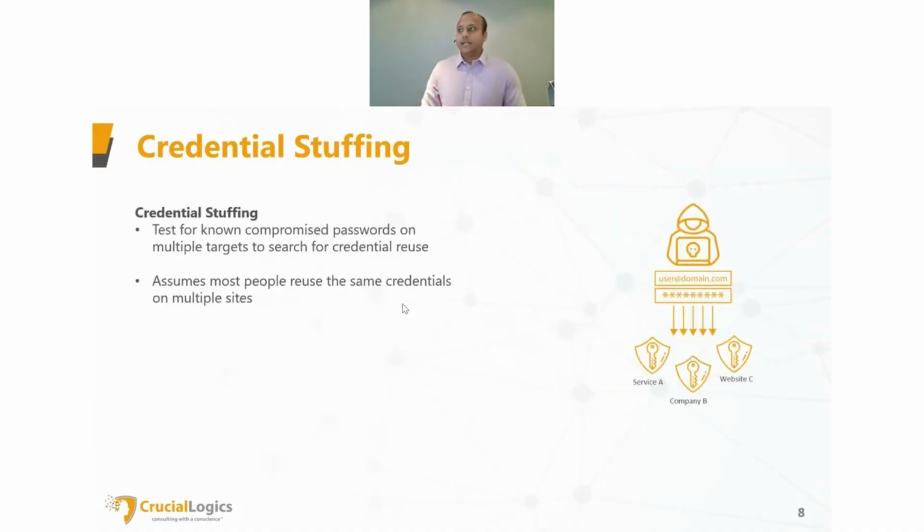The other technique they're going to be using is credential stuffing. They already have a bunch of passwords from different breaches. There's a tool called Flare. It's a paid tool that's used to scan the dark web.